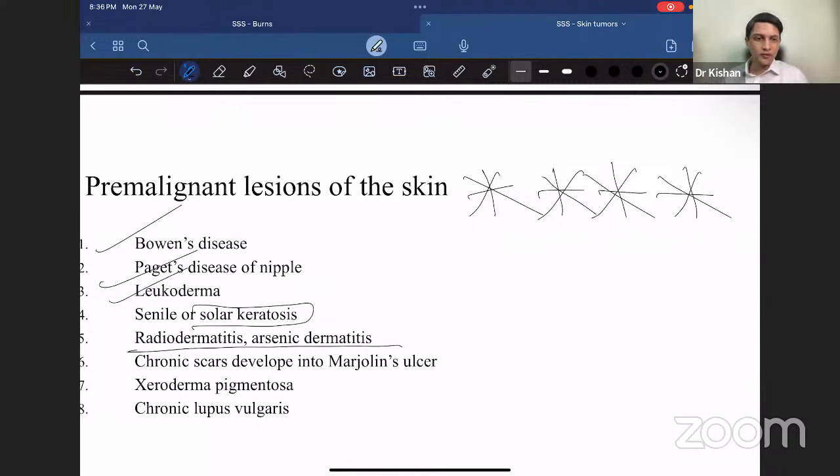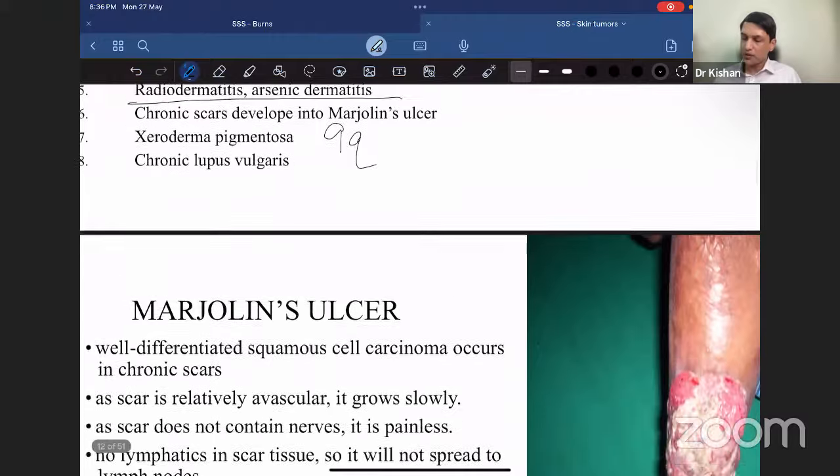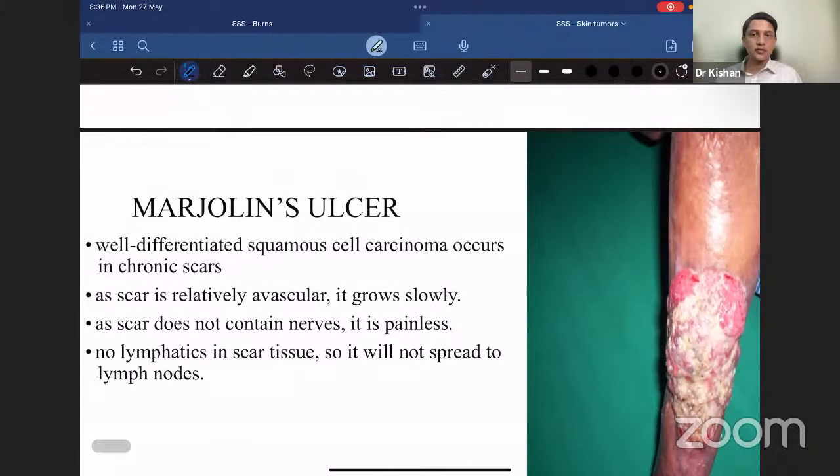Nucleotide excision repair, no? Very good. The gene here is 9q. Just for your knowledge's sake. It's not an absolute must to know all these things. Next, any TB of the skin, lupus vulgaris, can also lead to malignancy. These are the pre-malignant conditions, 7, 8. Please know them. Coming to Marjolin's ulcer.